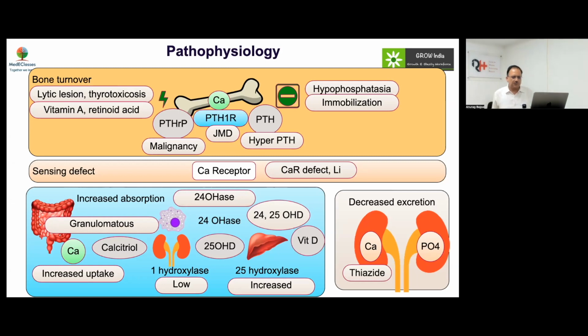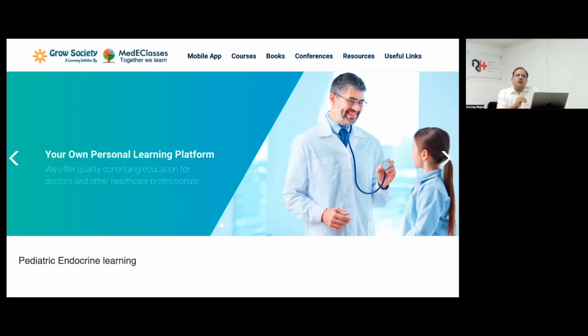Sensing abnormalities, as in calcium sensing receptor defect or lithium excess, if there is an inactivating mutation, will cause hypercalcemia with hypocalciuria.